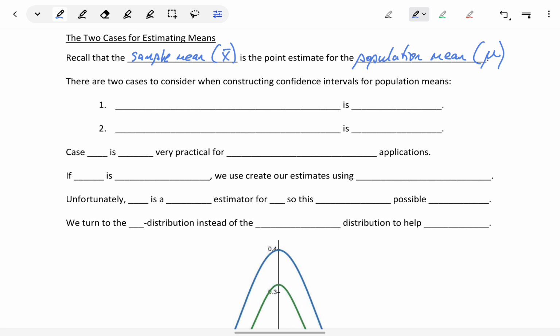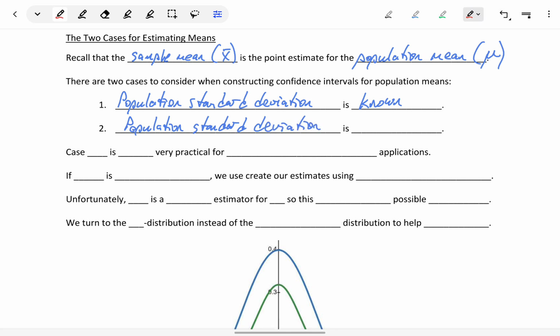There are two cases to consider when constructing the confidence intervals for the population mean, like we stated. There is the first case where the population standard deviation is known. And there's a second case where the population standard deviation is unknown.